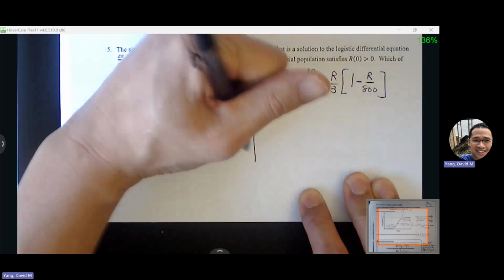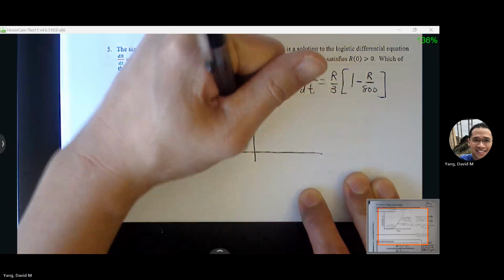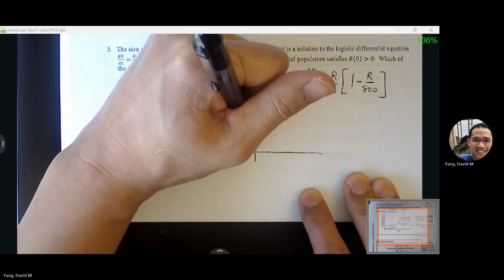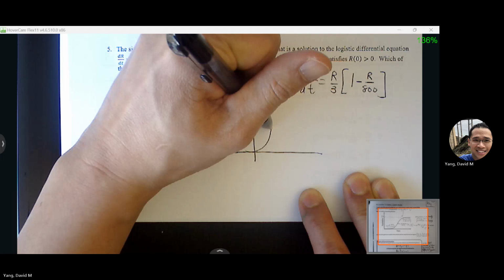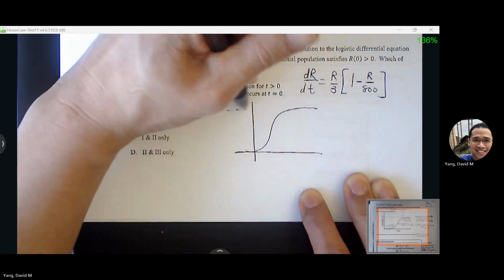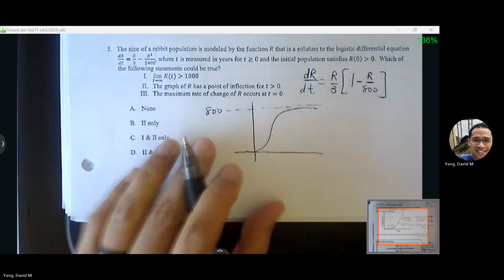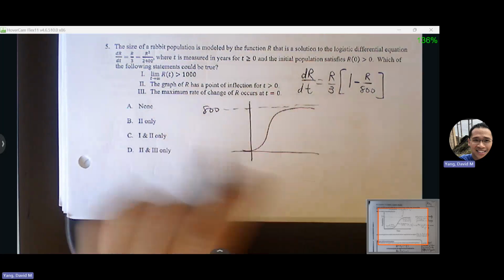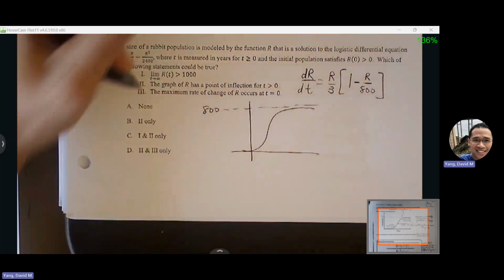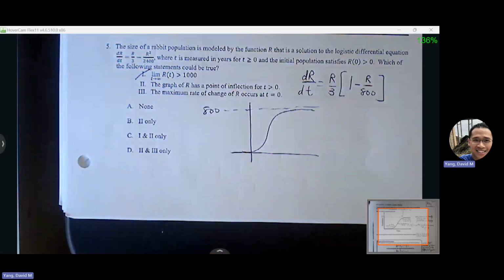So our graph may look something like this. We know our limiting value is at 800, so we know that the first one is definitely out.